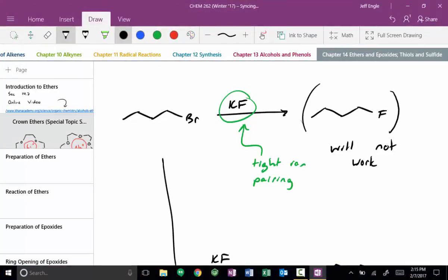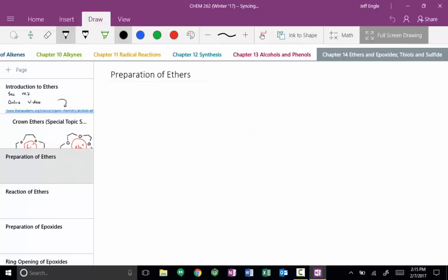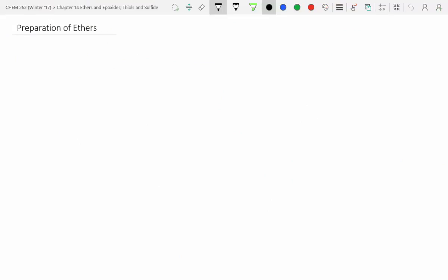So let's talk about one last reaction, because this one's super easy, and this is preparation of ethers, and I'll go over the industrial method first. And with the industrial method, this only works for small, simple ethers.